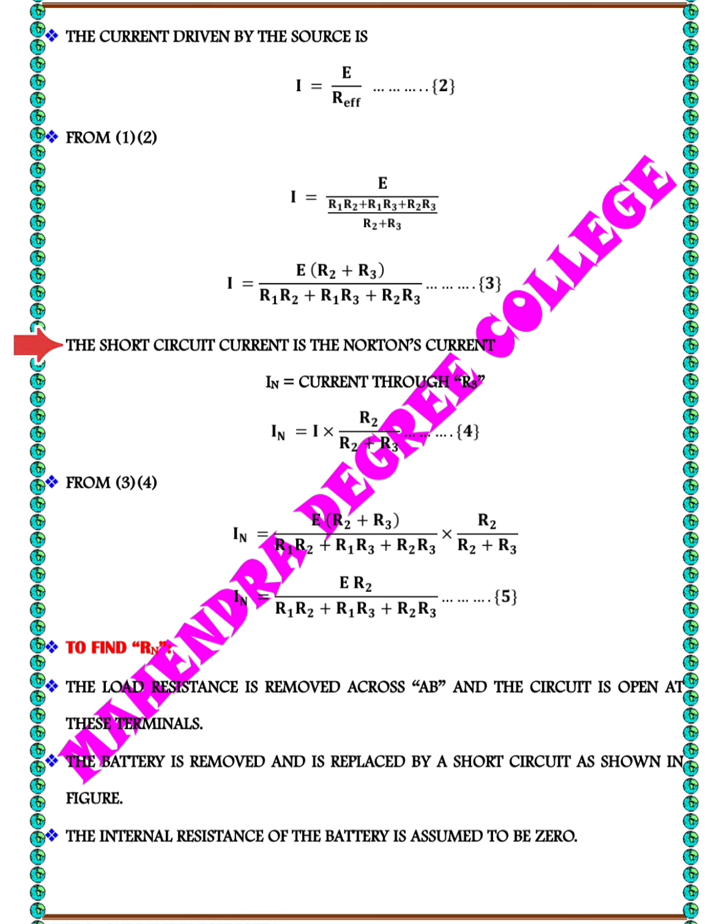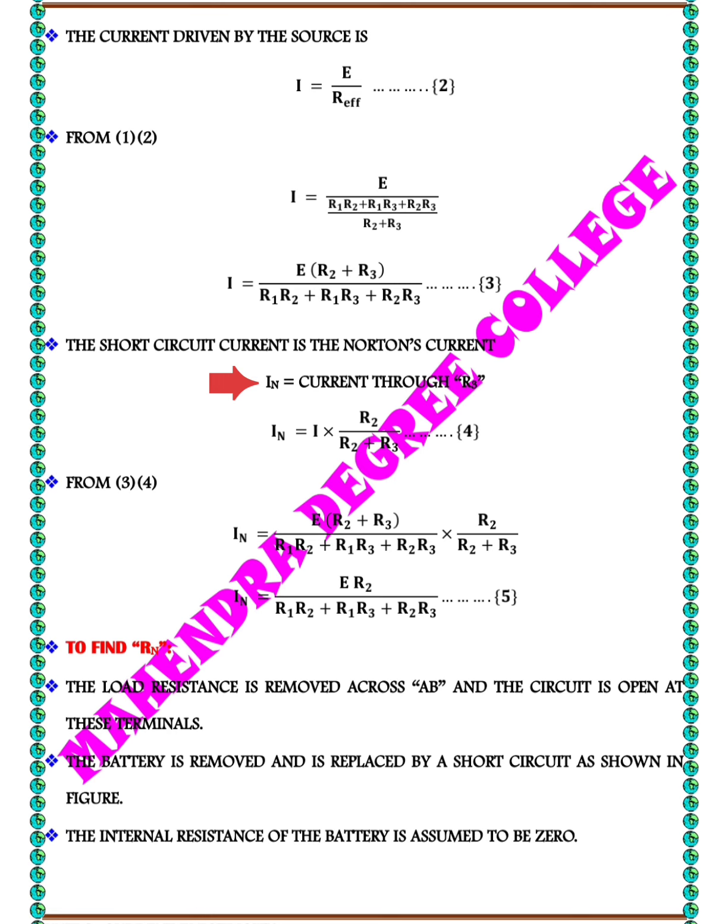The short circuit current is the Norton's current. Norton's current is defined as the short circuit current across the terminals of a circuit. This current is a key parameter in Norton's theorem, which allows a complex network to be replaced with an equivalent current source in parallel with a resistor.